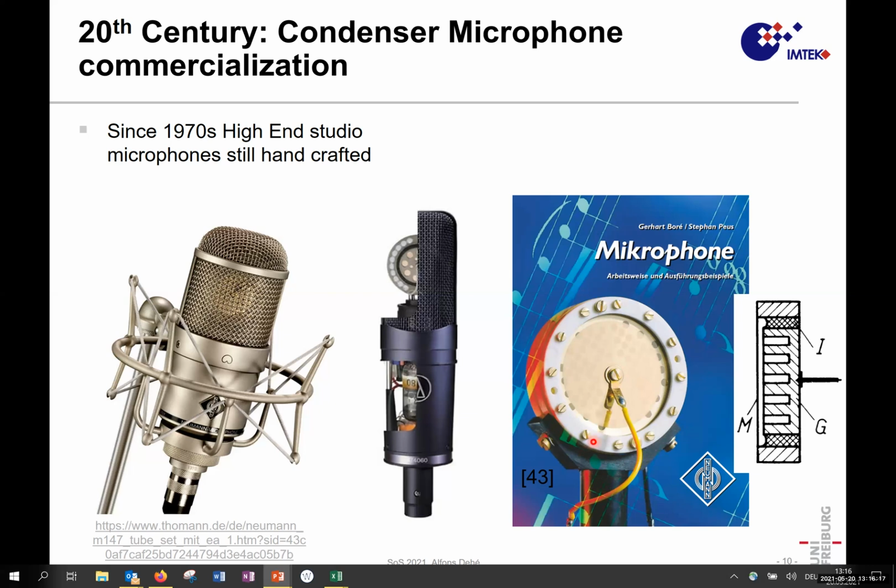Very delicate, and then by screwing the screws on the frame, they control the tension of the diaphragm. Of course, this is a quite sensitive and very expensive device, but still musicians and artists use these devices very favorably.